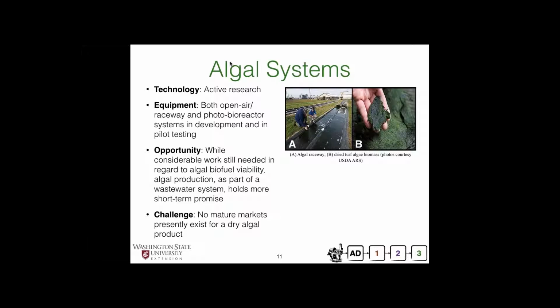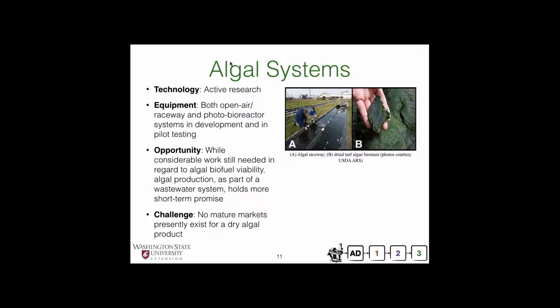So at this point, the focus is really on wastewater treatment or the effluent treatment. We can go ahead and put the algae in there, we can grow it, we can harvest it, but the challenge then is, where do we go with that?